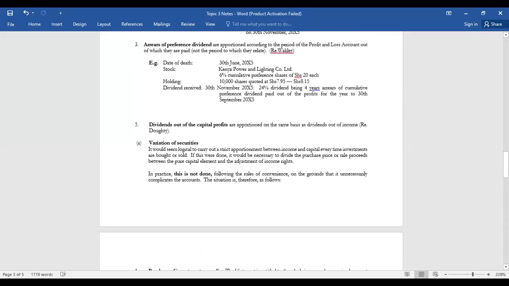Now for the arrears of preference dividend, the arrears are apportioned according to the period of the profit and loss account out of which they are paid.